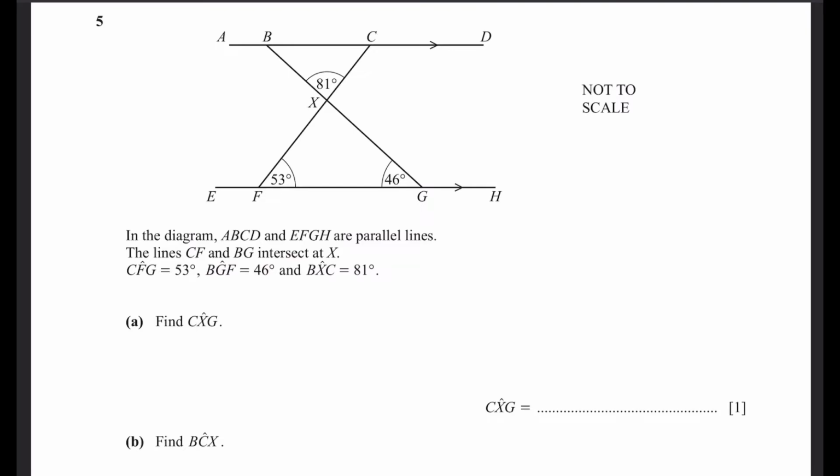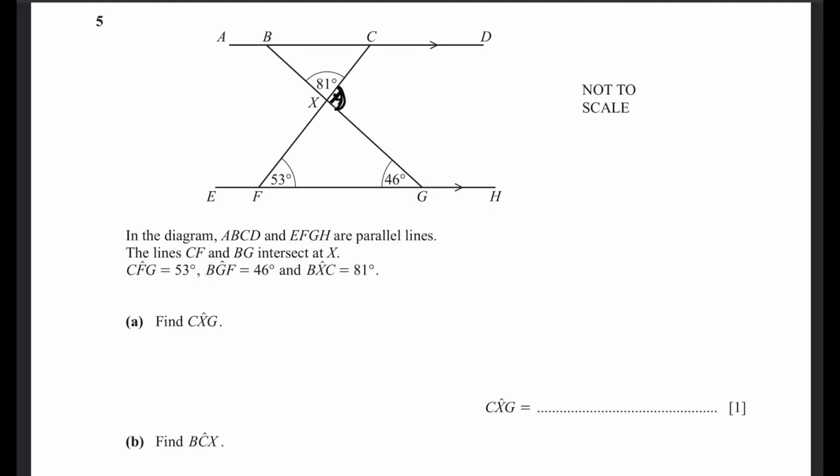CFG is 53 degrees, BGF is 46 degrees, and BXC is 81 degrees. Now we need to find out CXG. So CXG, I mean this angle, CXG.